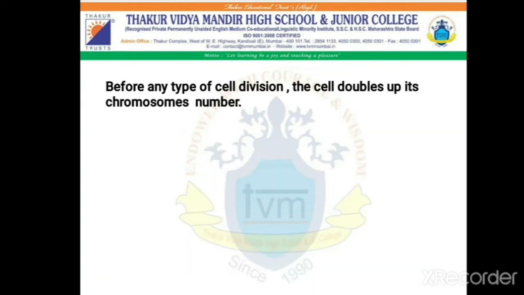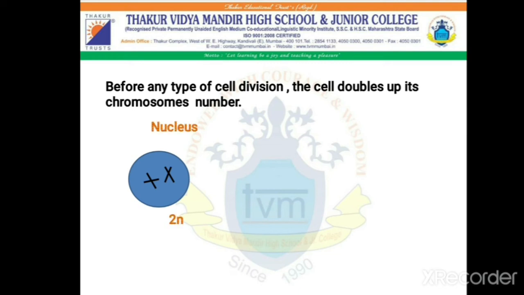Now, before any type of cell division, the first thing which is carried out in any cell is that the cell doubles up its chromosome number. Now, what does double up mean? Let us understand this with the help of this diagram. In this diagram, you can see two chromosomes are there.